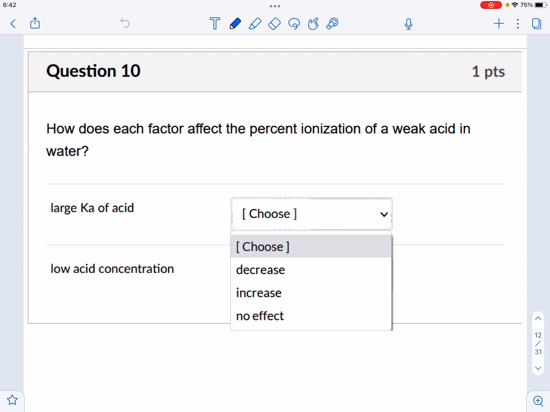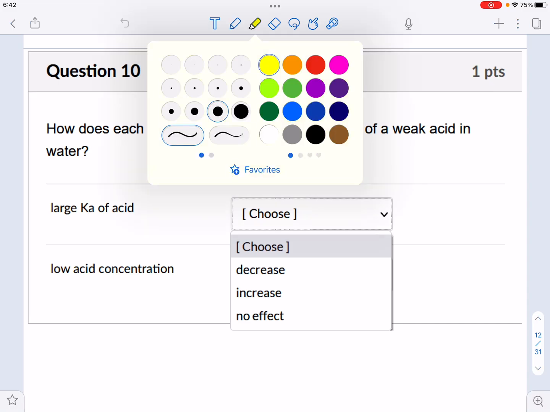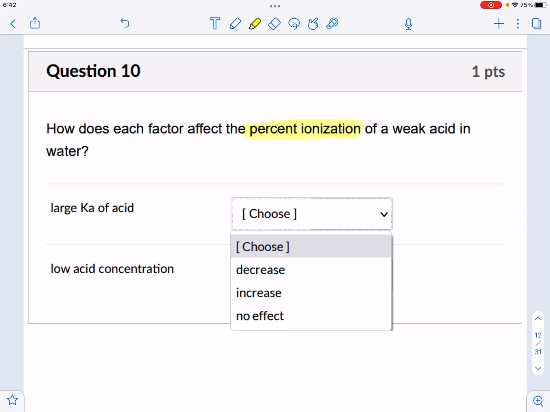Here we are. The question is how these factors, the Ka for an acid and the concentration of the acid, affect the percent ionization of a weak acid in water. Now, when we are asking about the percent ionization, what you are looking at is how much acid is ionized.